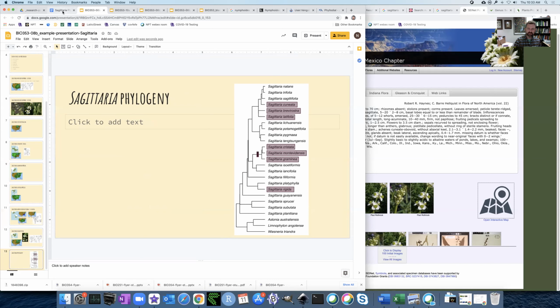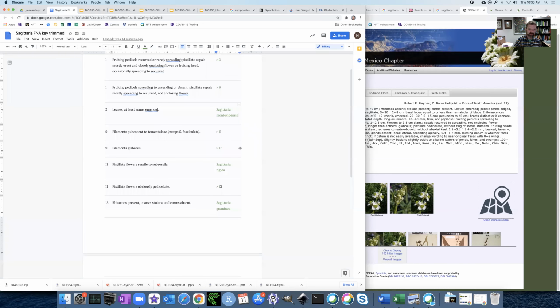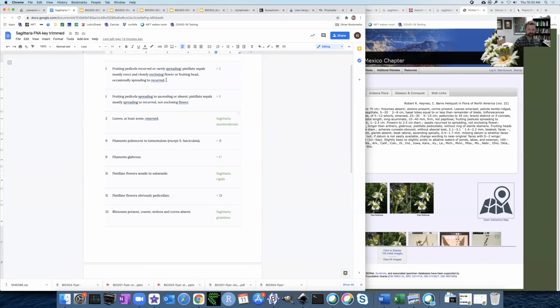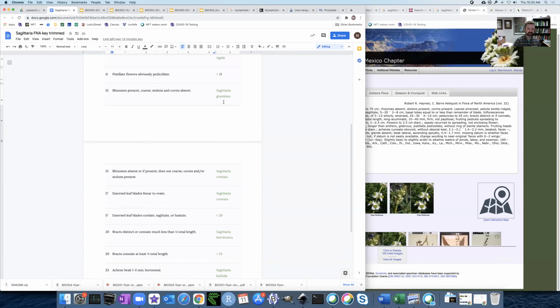We could go to our key, cristata, graminea, montevidensis. Sagittaria montevidensis is one you get to by following this lead, and that's pretty far out from Sagittaria graminea, Sagittaria cristata. Those two species, though, pretty close together. Those are the ones that are sometimes considered to be the same species, right?